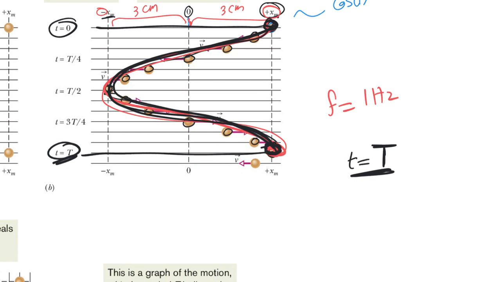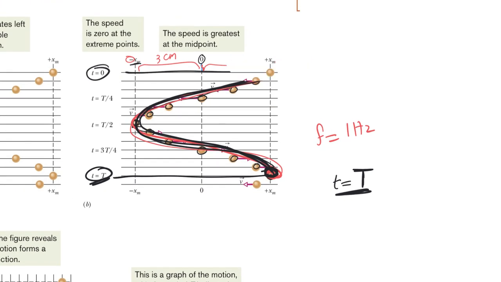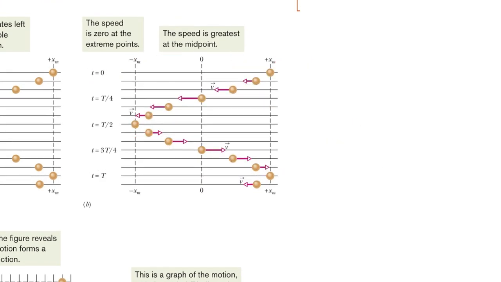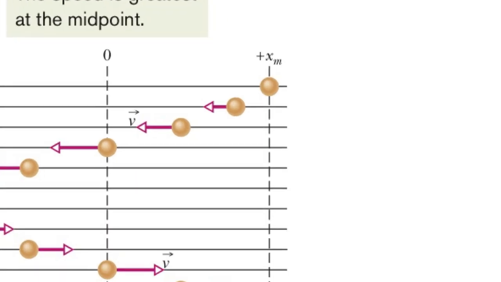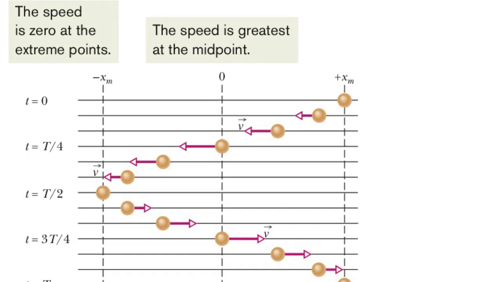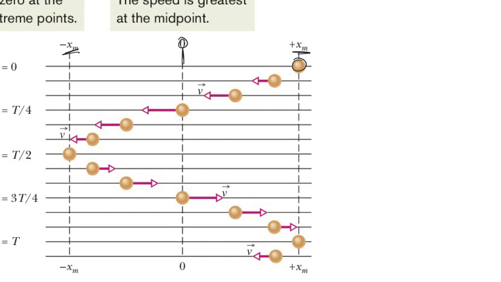Another important thing in simple harmonic motion is to know the relation between the position of the particle and the velocity, so I will explain it here. For example, if the particle is at position 0, here at xm, and here at minus xm, the particle in simple harmonic motion must only oscillate between xm and minus xm.